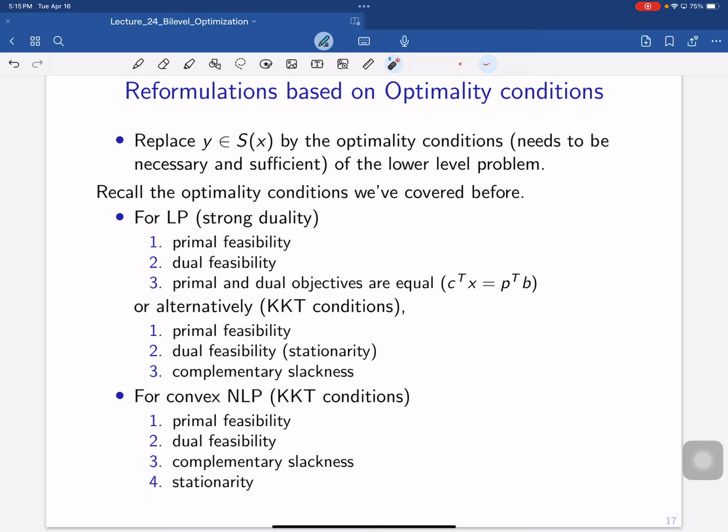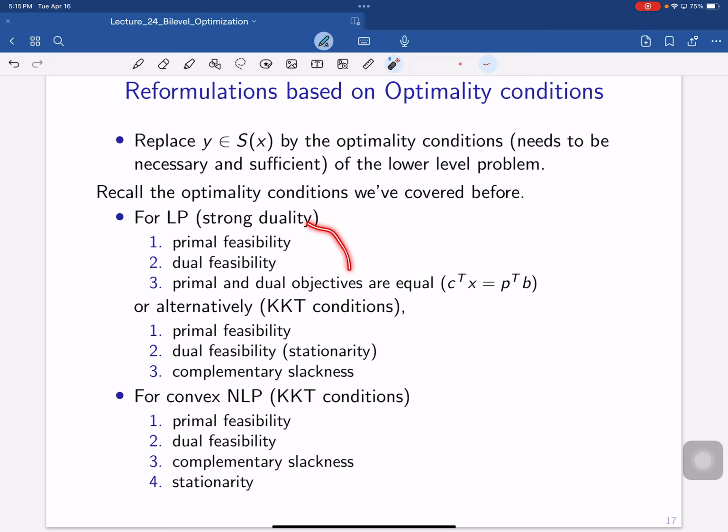For linear programming, we covered two very nicely used optimality conditions. If you have primal feasibility, dual feasibility, and the primal and dual objectives are equal, this is a strong duality optimality condition. And then we can also use the KKT condition. If you forgot that, take a look at the linear programming lecture.